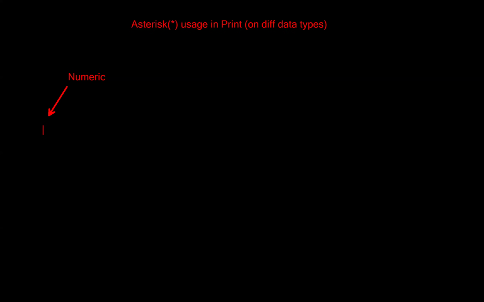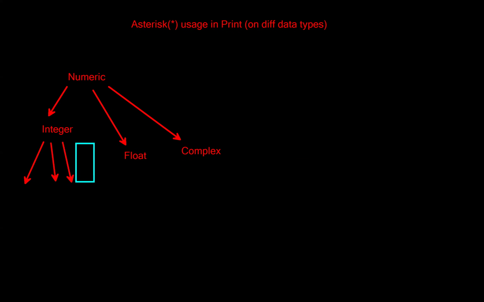Numeric is basically into 3 parts, right? First is integer, second is float, third is complex numbers. If we focus on integer, it is int, oct, hex, binary.